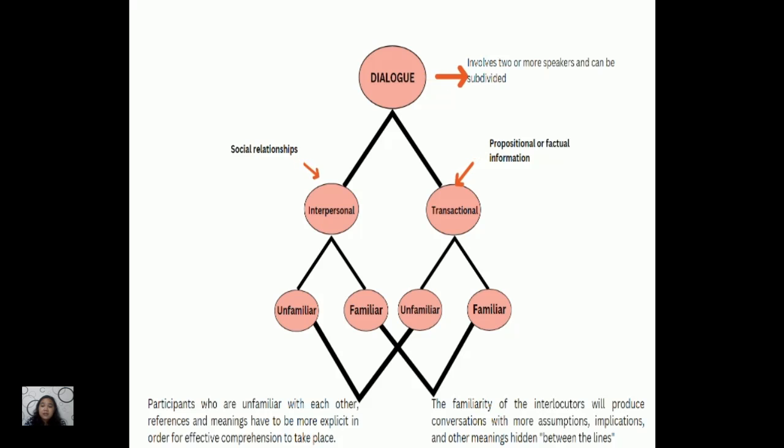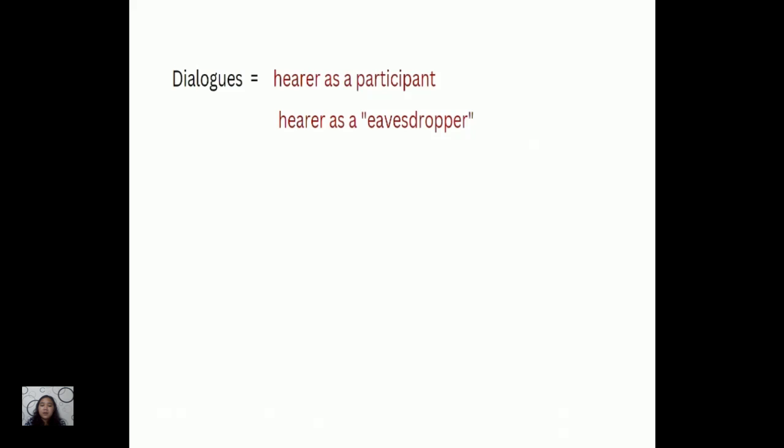That is what we call the unfamiliar dialogue. Dialogues can also be subdivided into two when references are not explicit, where the hearer is a participant and where the hearer is an eavesdropper. When the hearer is a participant, misunderstanding can easily happen, because the participant is the direct receiver of the sound waves of the speech, while the eavesdropper are those who intend to listen.